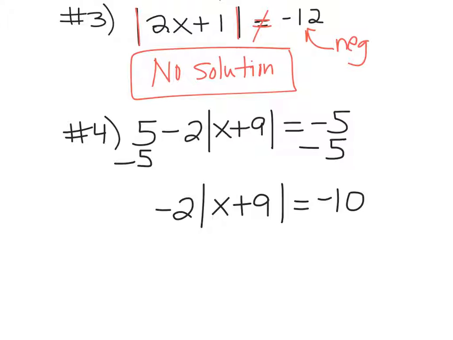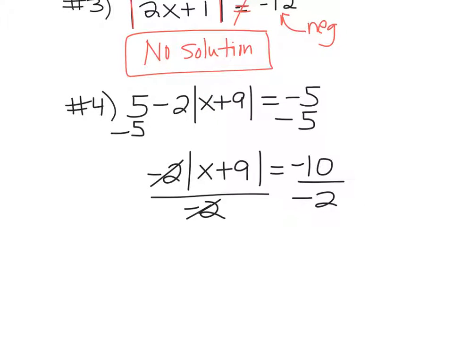Okay? Still need to isolate that absolute value, and I have a negative 2 times that. So how do I get rid of it? Divide. Yes. We're not going to add 2 over. That wouldn't make sense. It's being multiplied, so we need to divide it. And when you divide it, it reduces there, and you end up with the absolute value of x plus 9 equals 5.